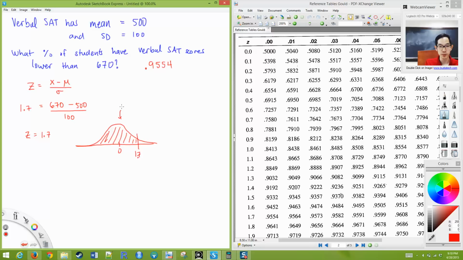You do 1 minus 0.9554, and we would get 0.0446. Oh, I'm sorry, because it's asking for a percentage, I should answer 95.54% for the first, and over here, 4.46%.